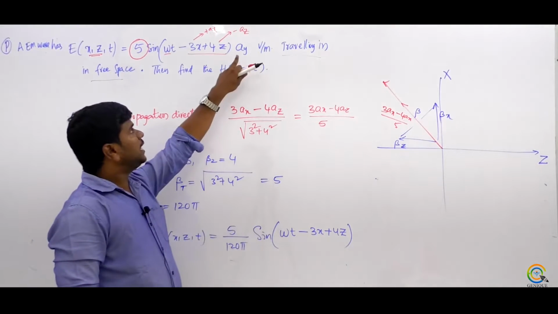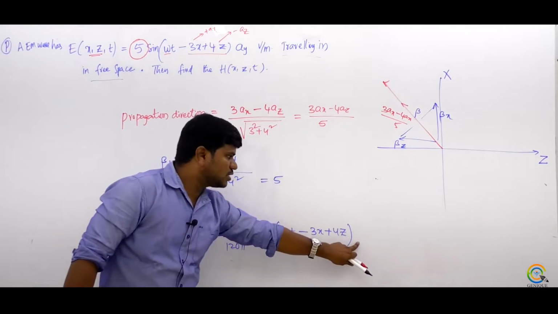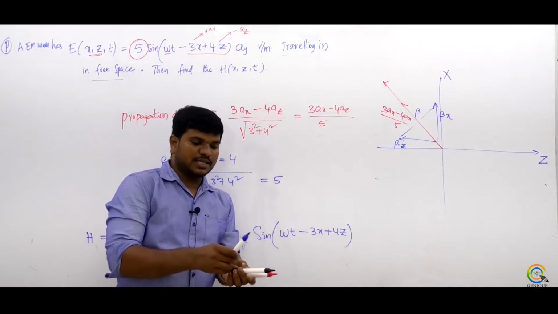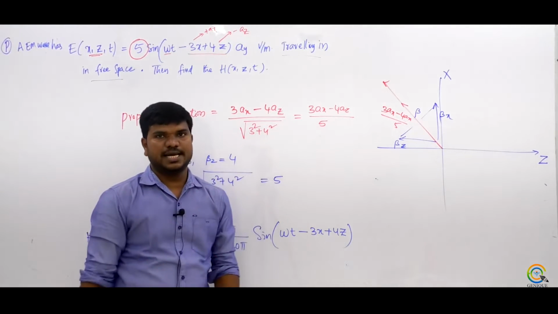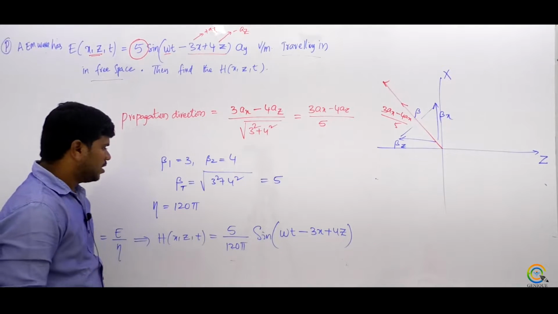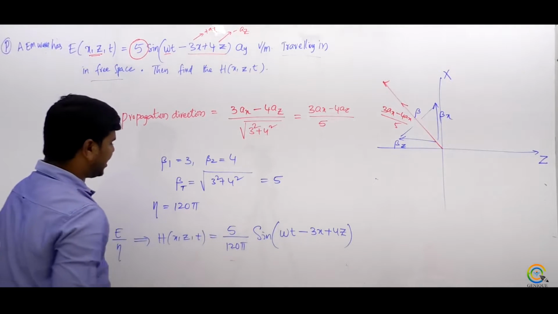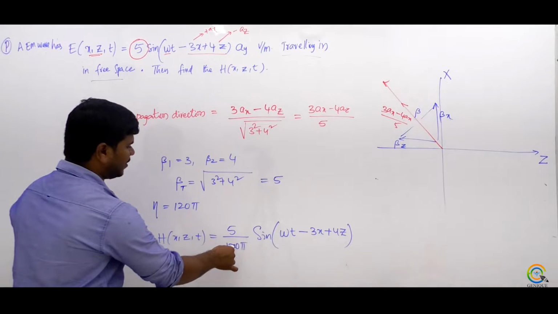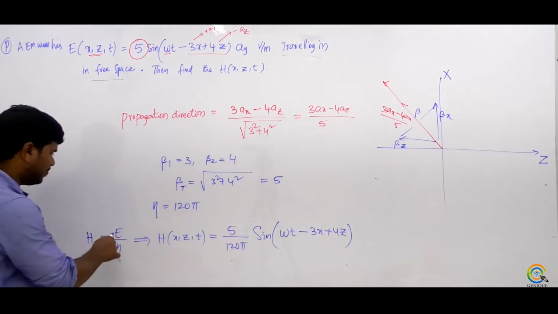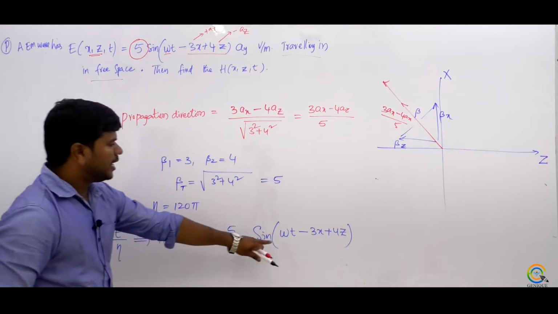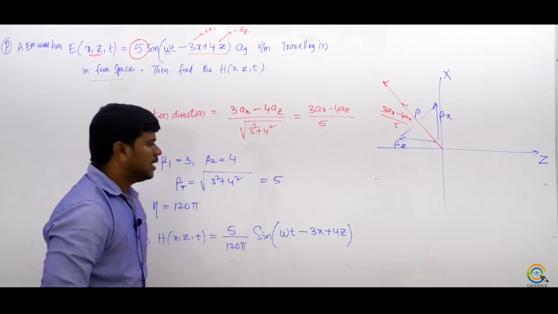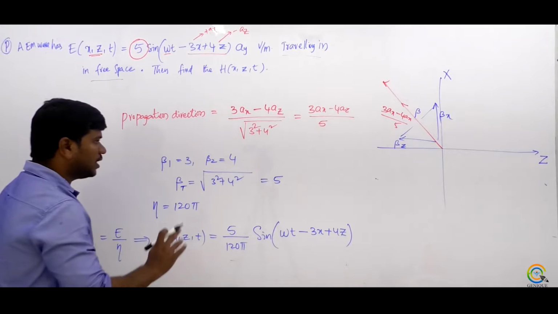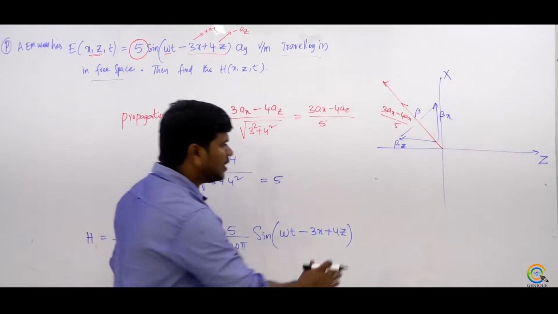Don't take this as y and this also as y; both cannot be in the same direction. So the magnitude will be 5 divided by 120 pi, because E by eta, sine omega t minus beta z. You will get the same phasor here. Then what will be the direction of this?